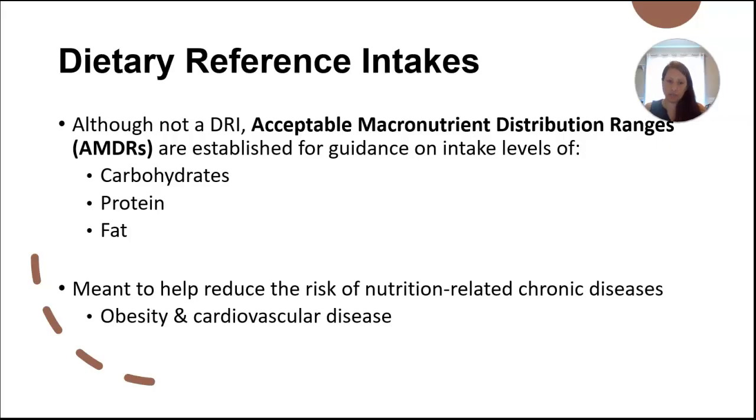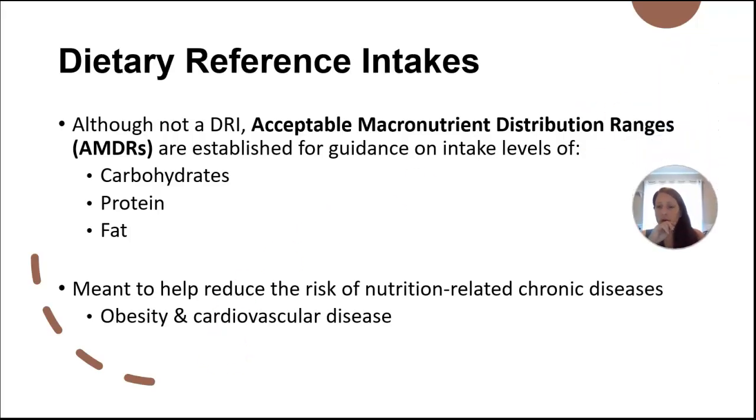Although these are not one of the 5 standards of the DRIs, they actually are covered in Appendix J, so I will touch on them when we get there. We also talked about this briefly back in chapter 1. Acceptable macronutrient distribution ranges, the AMDRs. They're the established guidance on intake levels for our macronutrients, so carbohydrates, proteins, and fats.